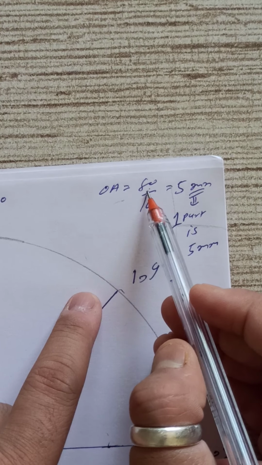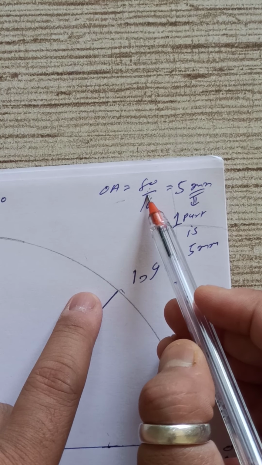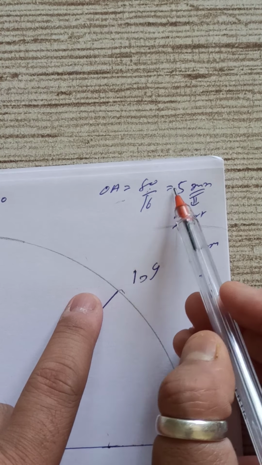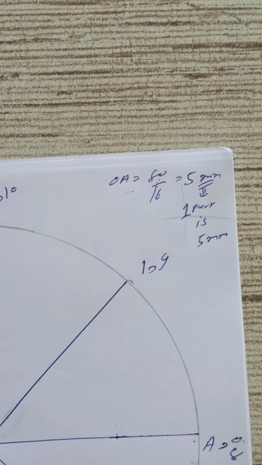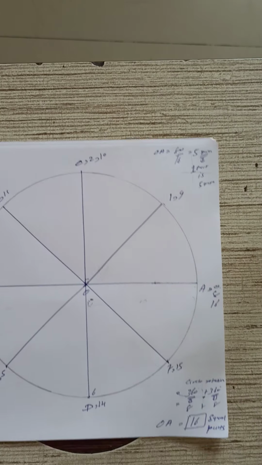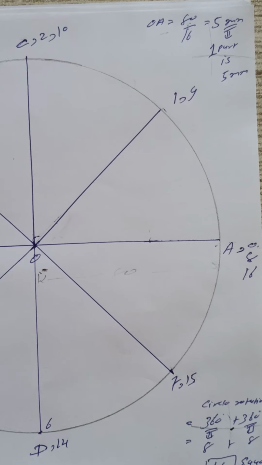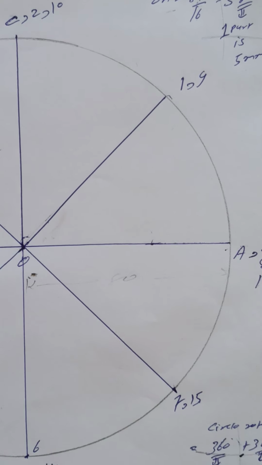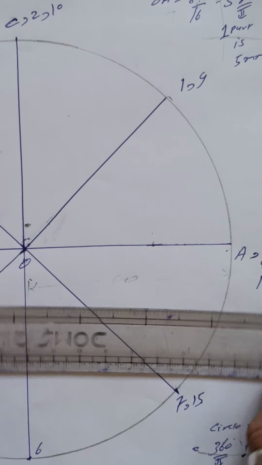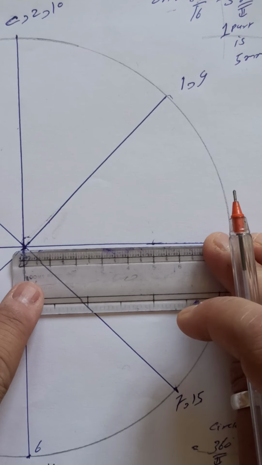If OA is 80 mm, we divide the line in 16 parts, so 80 divided by 16 is equal to 5 mm. Okay, so one part is 5 mm. Here we divide the O to A in 16 parts.